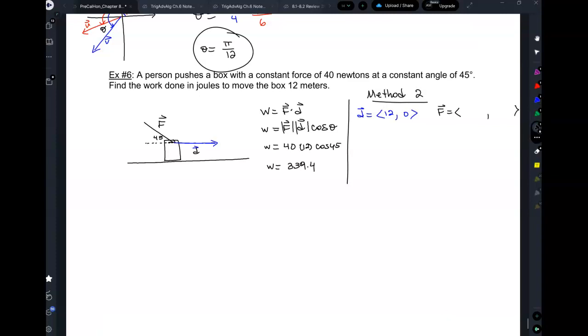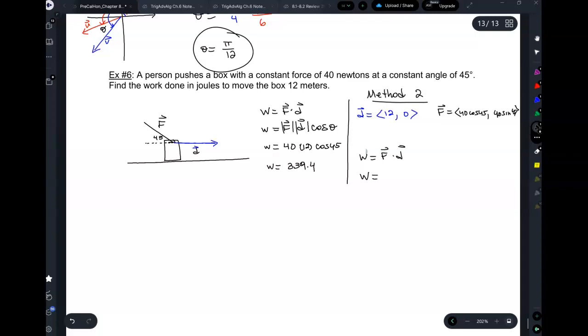Yep. Good. 40 cosine 45, 40 sine 45. So now let's do F dot D using the dot product.